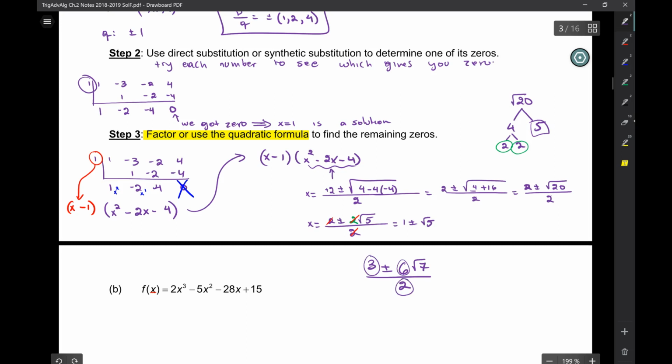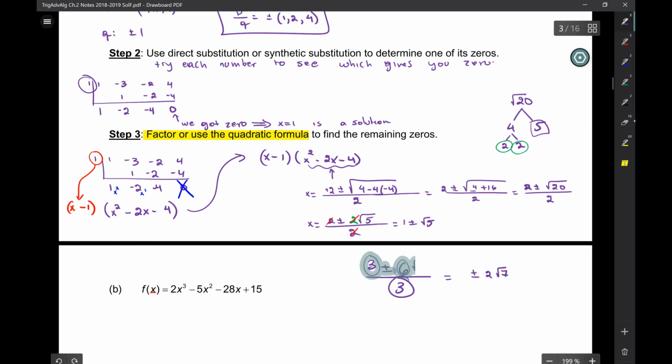If you can divide all 3 of them by the same number, then you must. Wait, where's the 1? Oh, no, you can't. I'm sorry. We'll make this a 3. Now you can divide all 3 by 3, right? And then that would be left as 1 plus or minus 2 root 7.